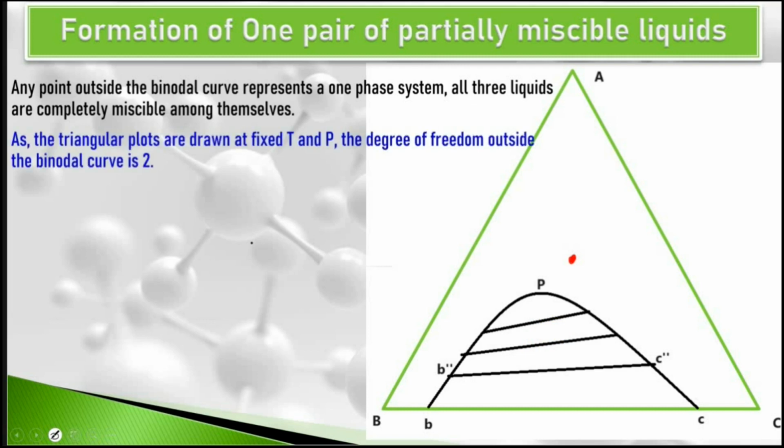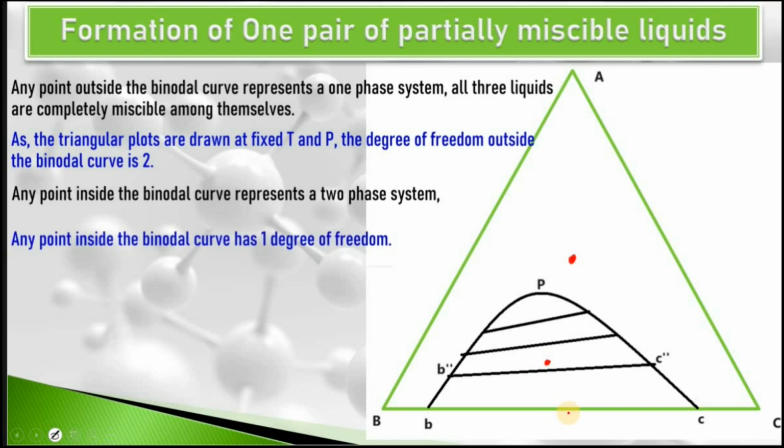Also, since triangular plots are drawn at fixed temperature and pressure, it means the degree of freedom outside the binodal curve is 2. Similarly, any point inside the binodal curve represents a two-phase system and their degree of freedom is 1. So this is a gist of liquid-liquid three-component systems where one pair of partially miscible liquids is present.